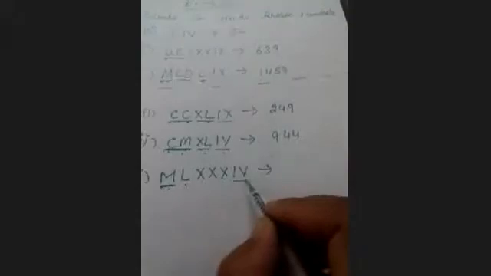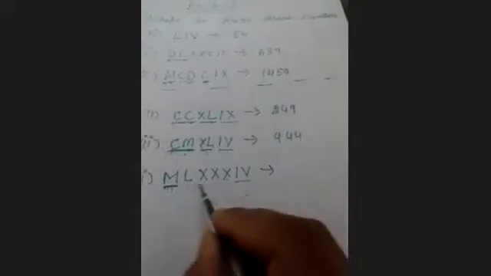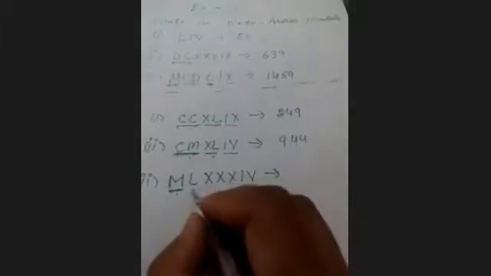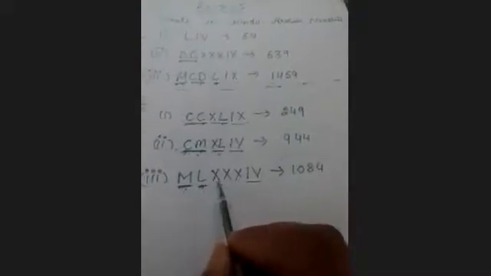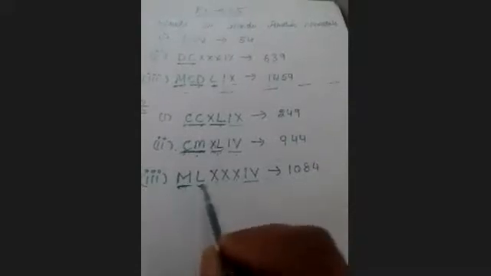Then IV is 4. So the number is 1084. Clear, students?